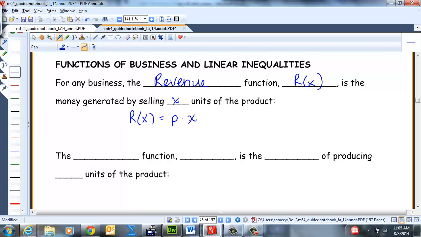So this is the P, I'll write it over here. P is the price per unit. And X is the number of units produced. So we'd have X units produced.